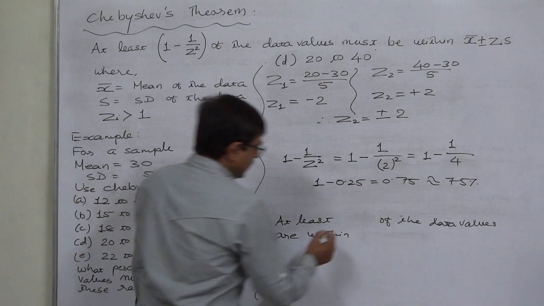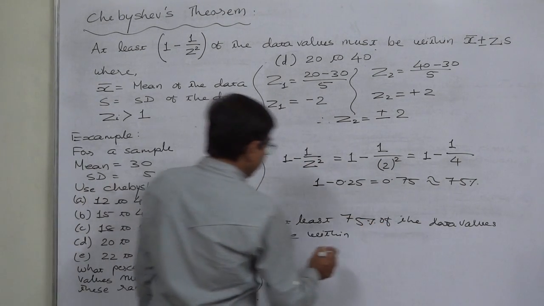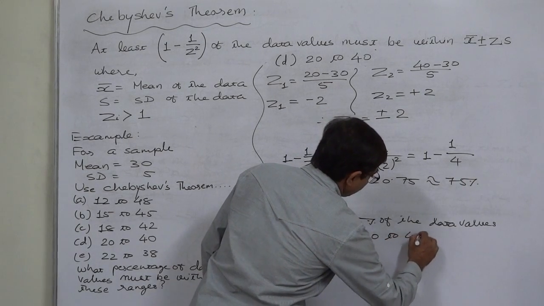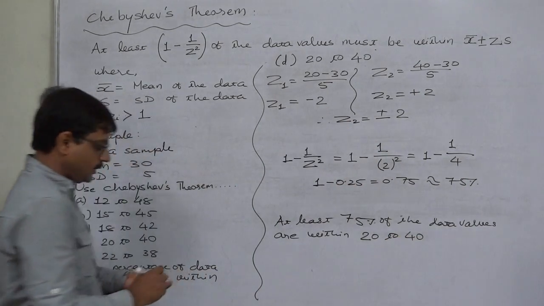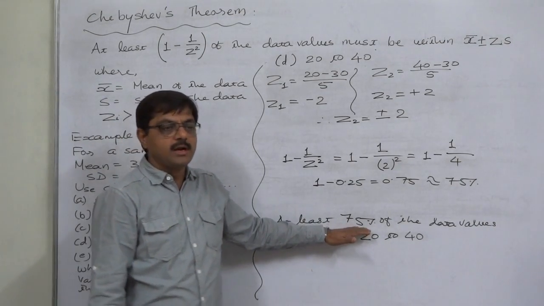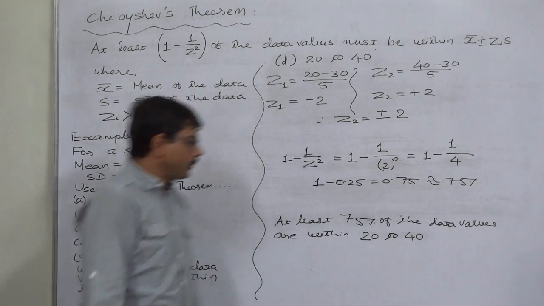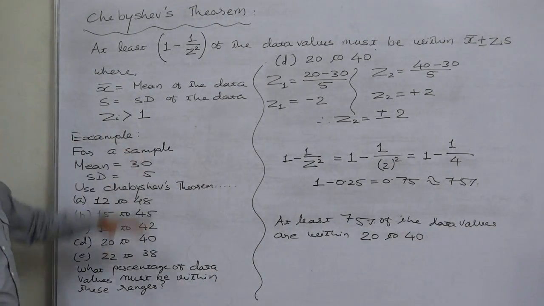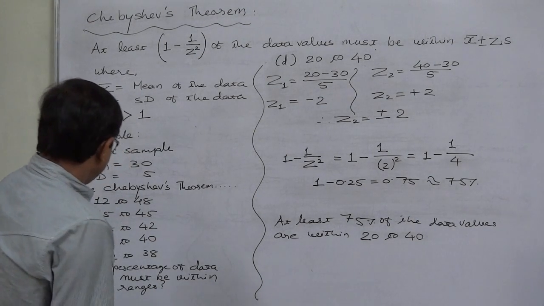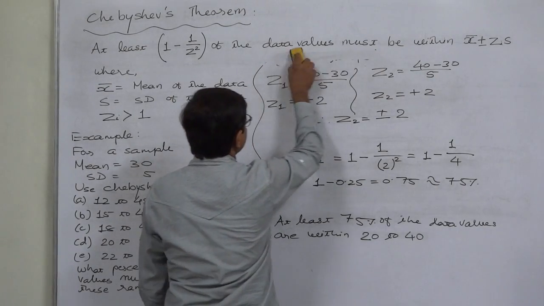So we can now say that at least 75% of the data values are within the range 20 to 40. Or say from 75% to all 100% data values are within 20 to 40, so far as this particular sample data is concerned.